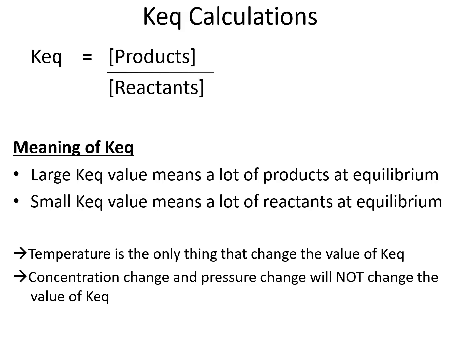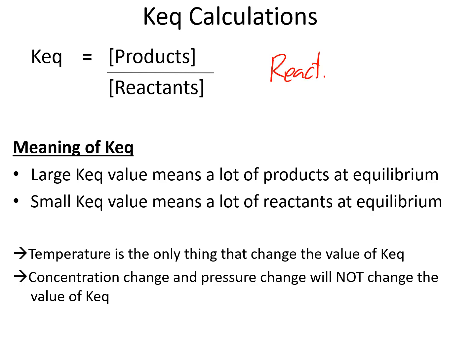A few things about the KEQ expression: since it is just a ratio of products over reactants, what is the meaning of the KEQ? A large KEQ means that there's lots of products.